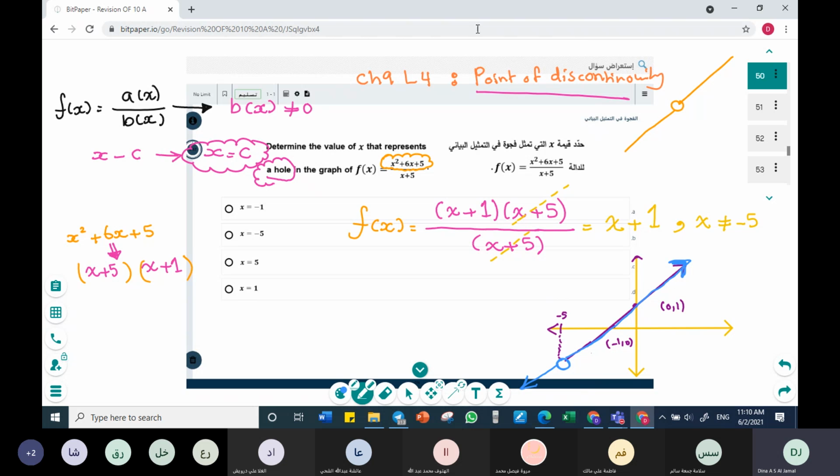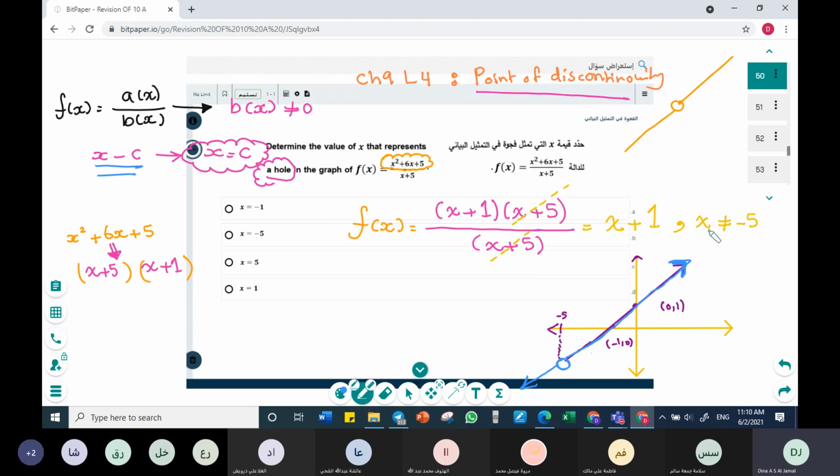This is the meaning of the point of discontinuity. I know he did not ask you to draw, but I would like to sketch it for you so you can understand what a hole is and what a point of discontinuity is. From the beginning, any point of discontinuity comes from the factor that you cancel out up and down. So it is the factor x minus c, and it is x equals c.